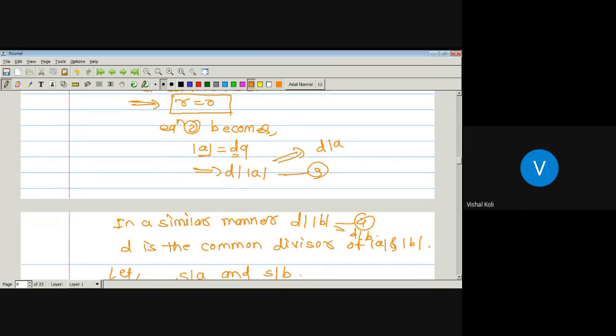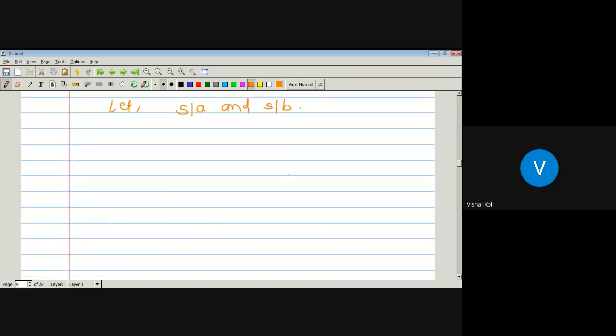So S divides A and S divides B, which implies that as S divides these two integers A and B, then S must divide any linear combination AX plus BY. But AX plus BY is nothing but D.